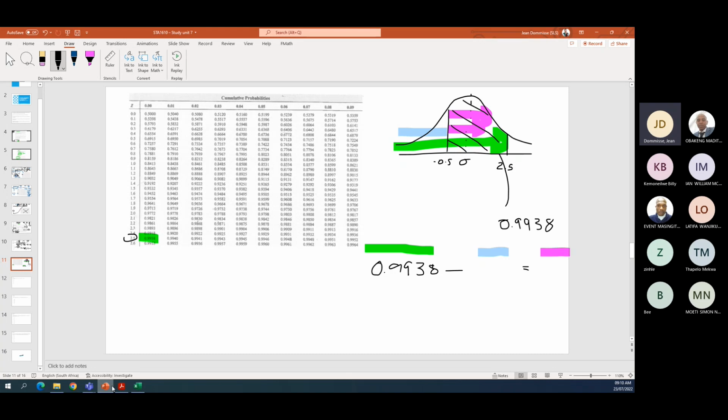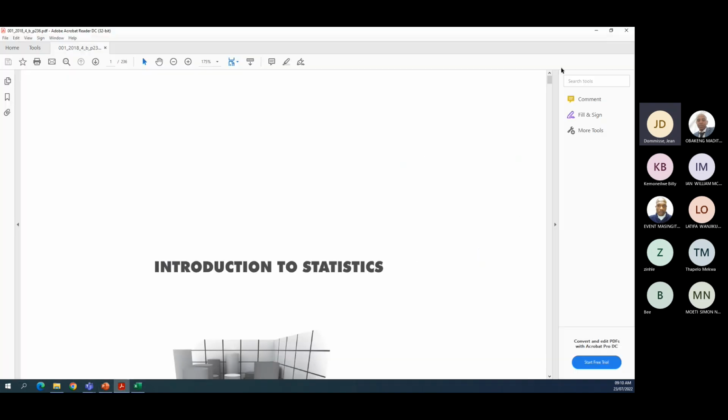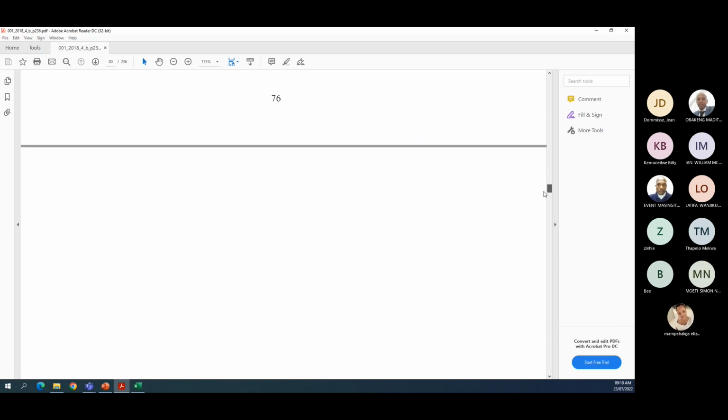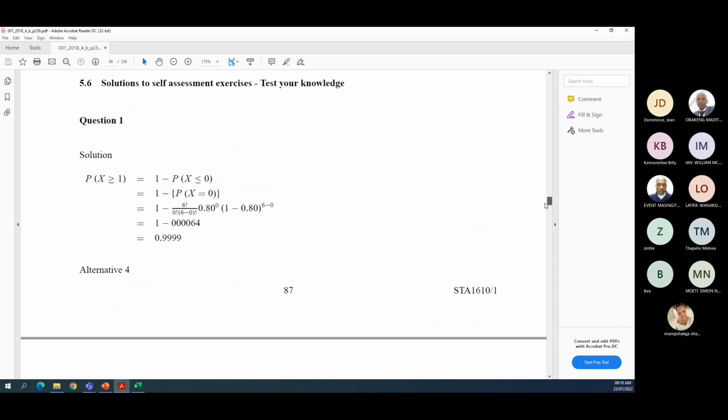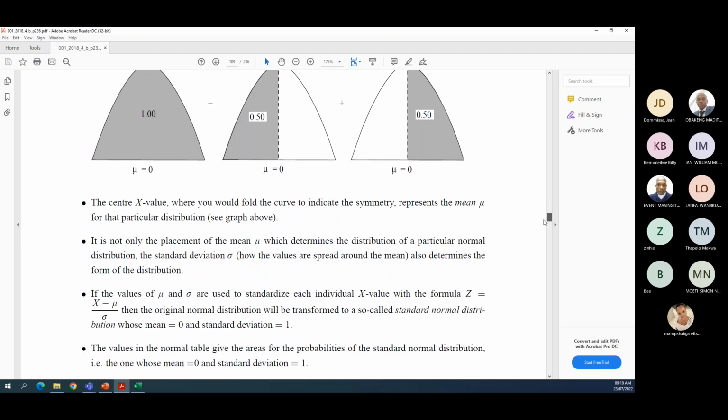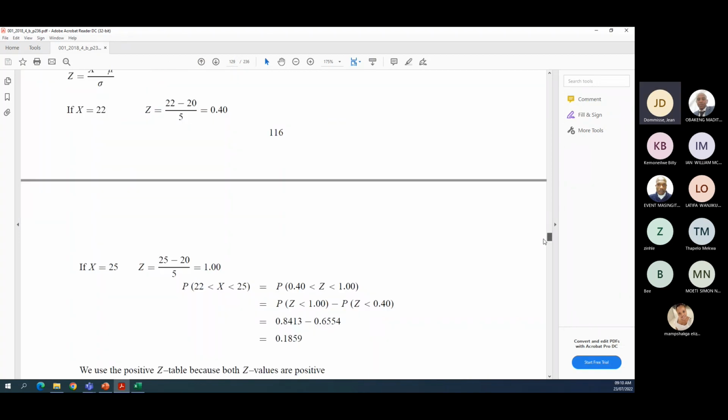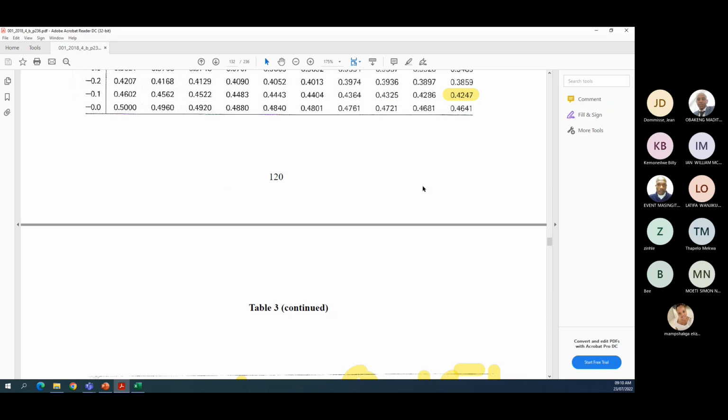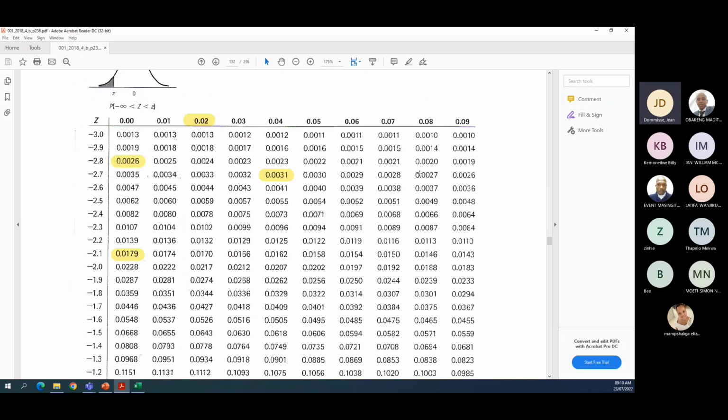Minus 0.5. Okay, I don't have it here, so let's go to the table. Tables will be at the back of study unit 6.